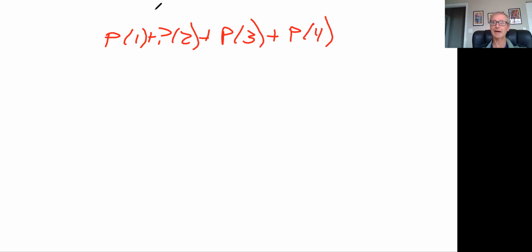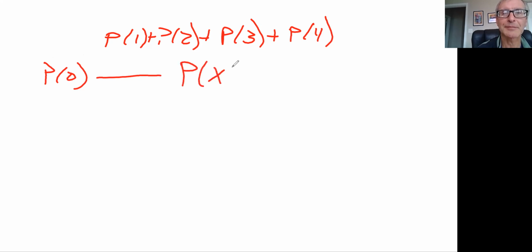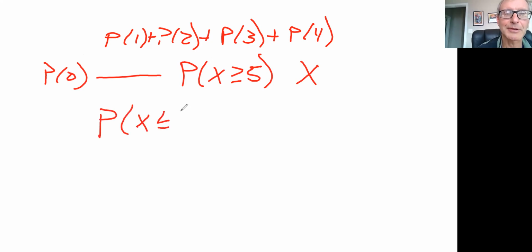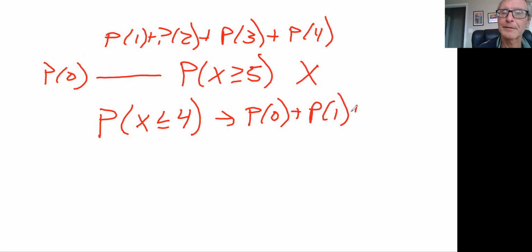So remember, we have less than or equal to. So what are the ones we don't want? Well, we don't want p equals 0 and p of x greater than or equal to 5, right? Those we don't want. So when we do this calculation for x less than or equal to 4, we get p equals 0, 1, 2, 3, and 4.